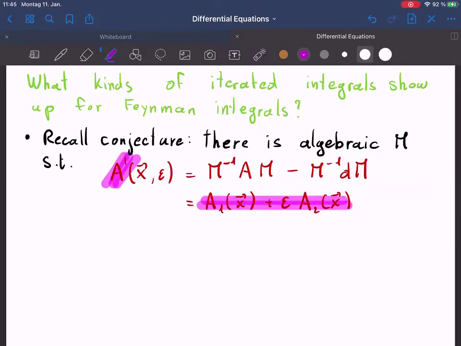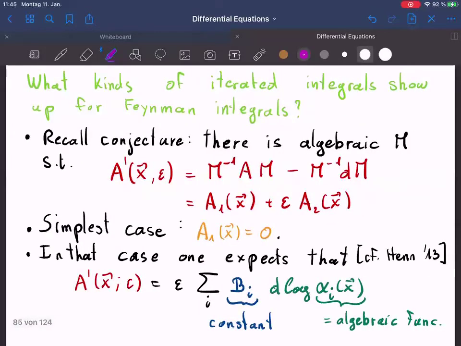So in order to see what kind of functions come out, the first question you can ask is, let's first assume the conjecture is true, and we go to the simpler form of the differential equation, then let's see which kind of functions we could get in that case. And we also said last week that in many interesting cases, actually, A1 is 0. You can make A1 0. And in that case, you even expect a bit more than what I said last week.